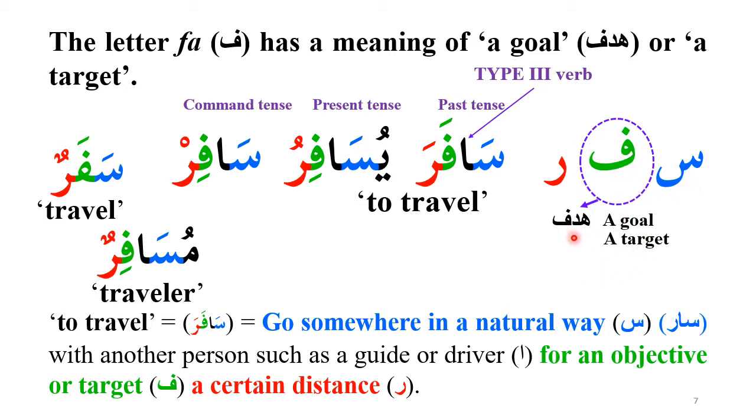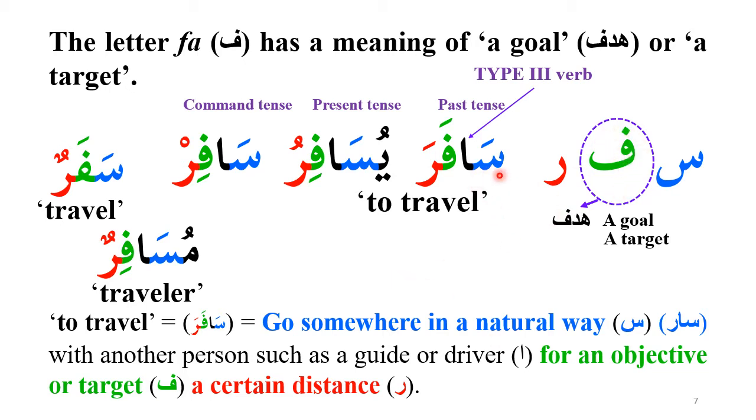Hadaf means a goal, and so here you are going somewhere, but with a target in mind, and that's why it's called travel. Musafir means traveler, and Safar means travel. Safara, Yusafiru, Safir. You can easily see that you're going for a target.